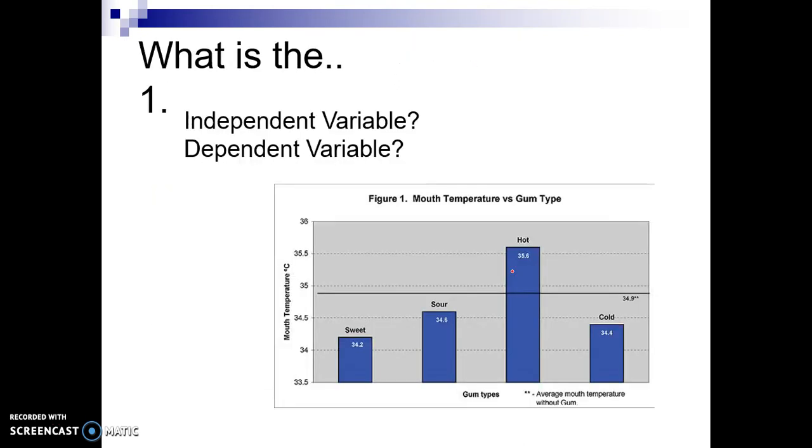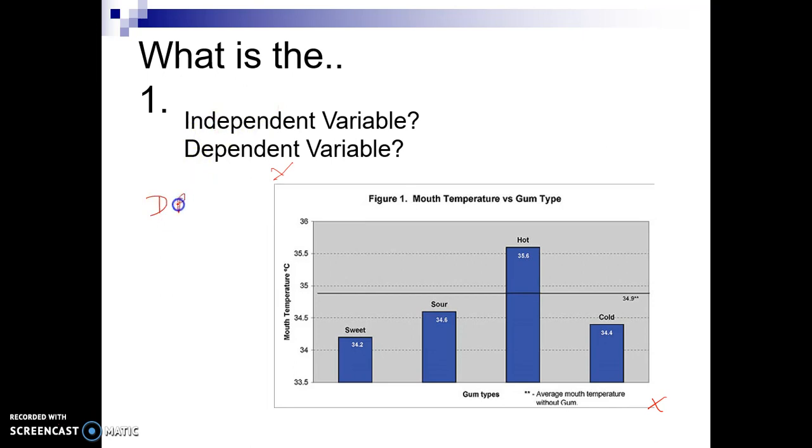So let's look at one example. Here is a graph comparing mouth temperature versus the gum type. This is the y-axis and this is the x-axis. So as you remember, which is the independent variable here and which one is the dependent variable here?